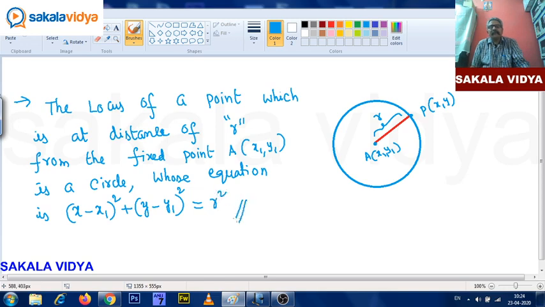So, this is nothing but the equation of the circle whose center is at (x1, y1) and radius is r units: (x minus x1) square plus (y minus y1) square is equal to r square.